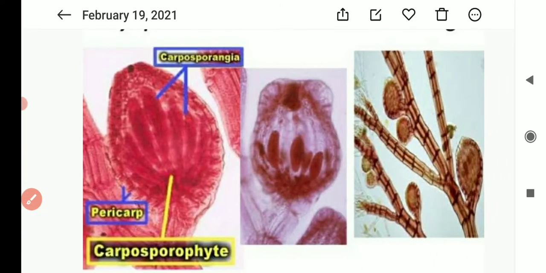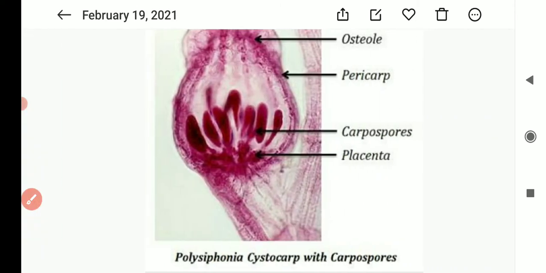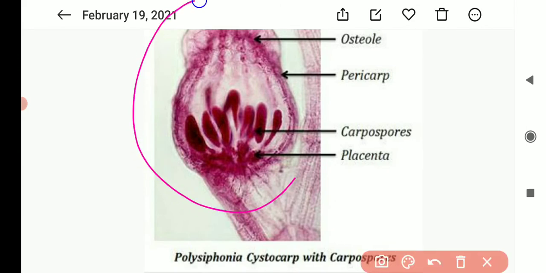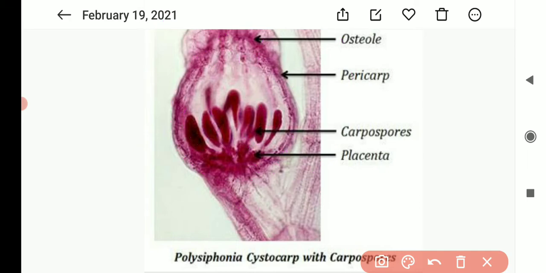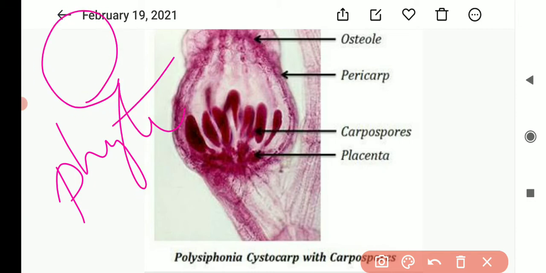And then if we go to the previous, this whole thing is the carposporophyte, because all this, the placenta, the carpospore, the pericarp, the ostiole, is all part of the carposporophyte. So for the body we add phyte when we talk about the whole thing.